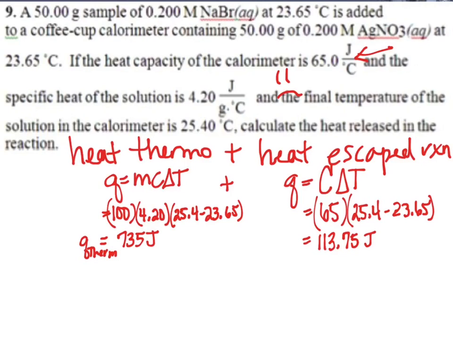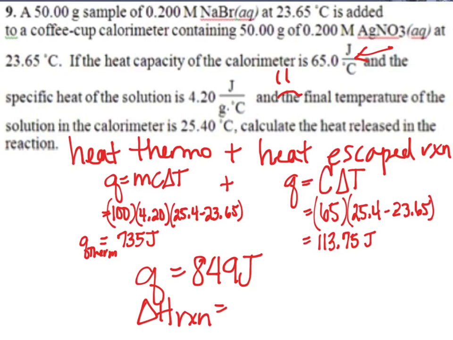You're using big C, which is what they tell you, the heat capacity of the calorimeter. All right, so we add those together. So the Q total is what, to 3 sig figs? 849 joules. That is the Q, but we need to know the heat of the reaction, and the delta H of the reaction is negative Q, which means it's negative 849 joules.